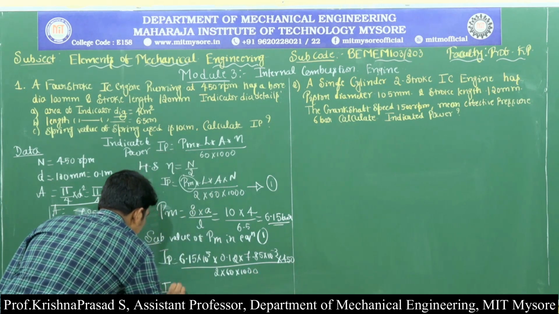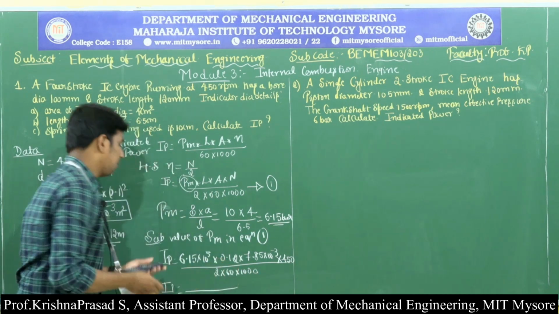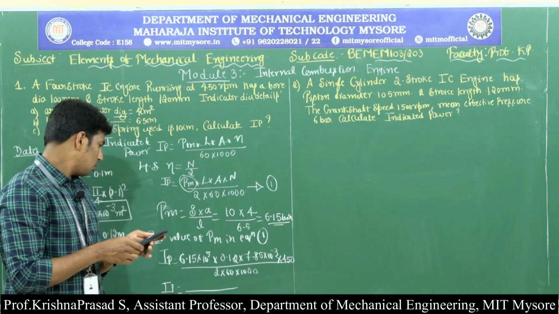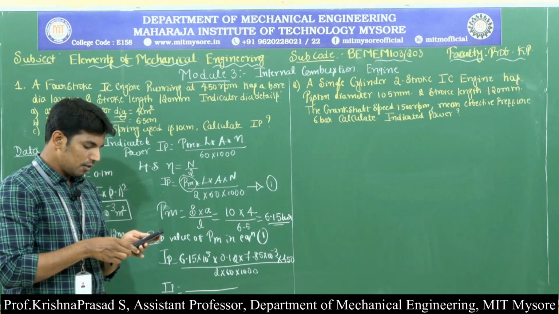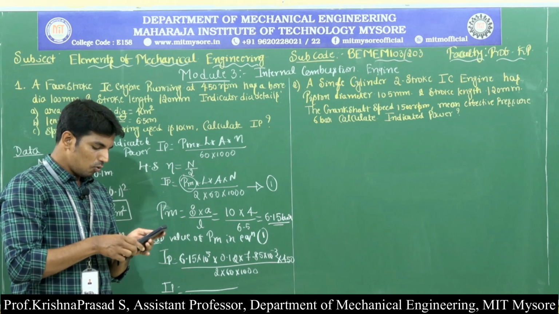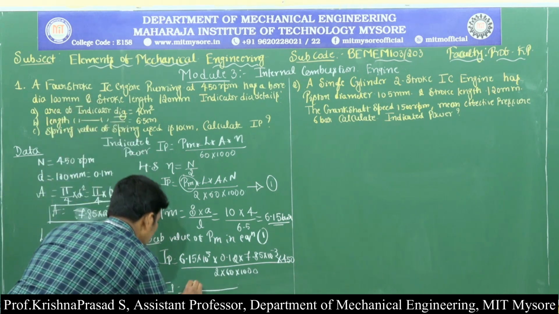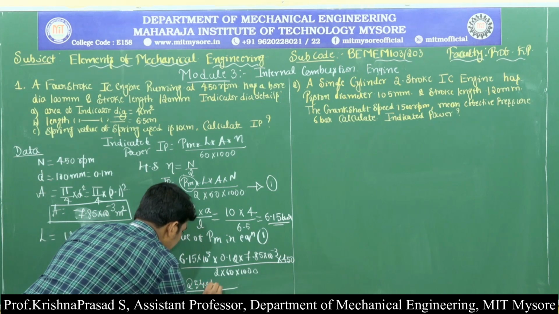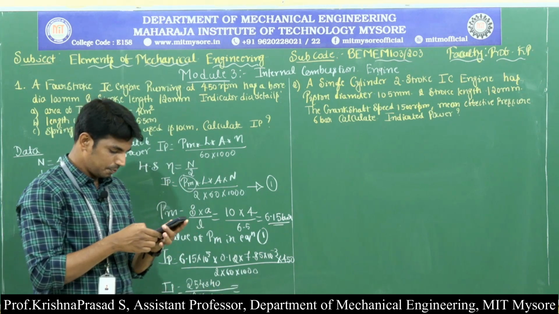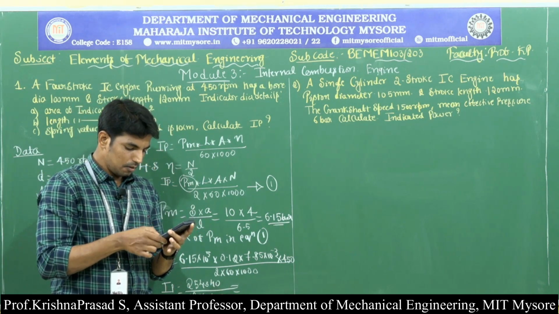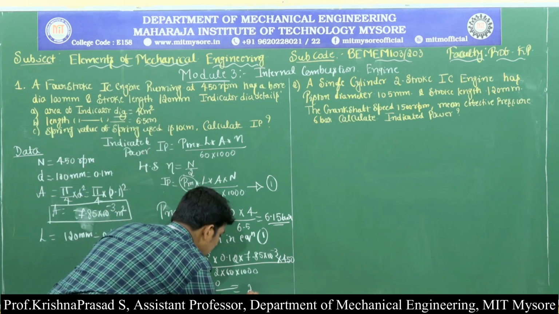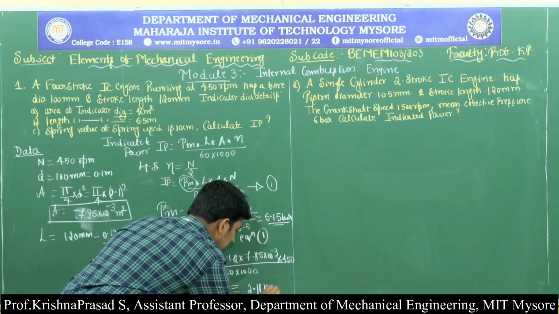Now calculate the value of IP, that is 6 into 10 to the power of 5 into 0.12 into 7.85 into 10 to the power of minus 3 into 450 equals 254340 divided by 2 into 60 into 1000, that gives rise to 2.11 kilowatts.